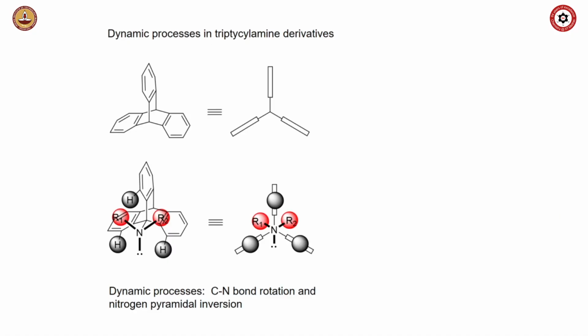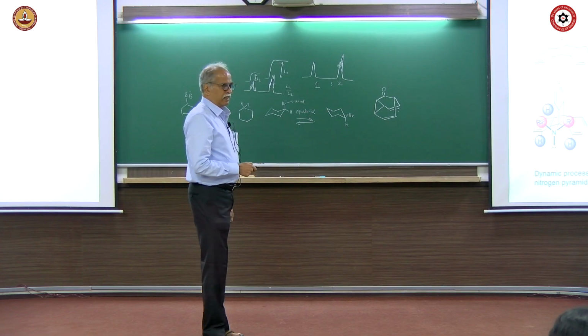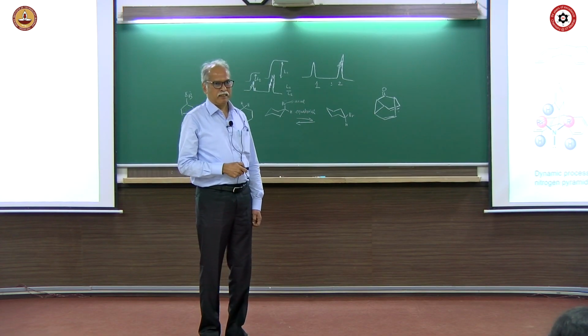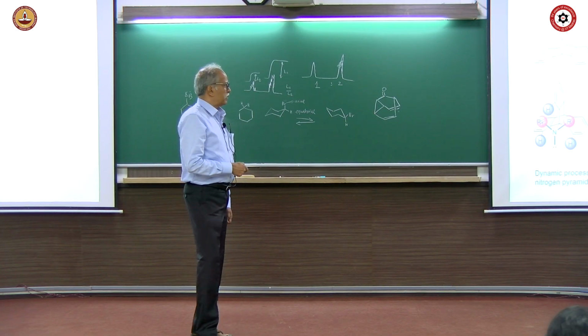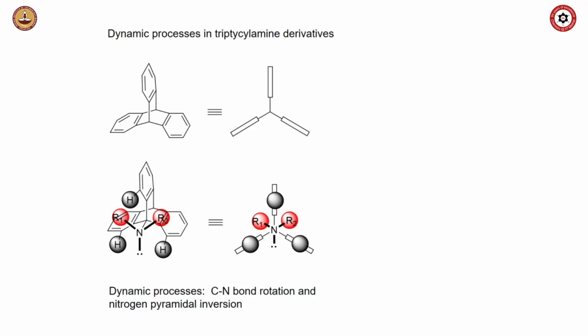Triptycene-like amine is an interesting molecule. This is a propeller-shaped molecule. Can you see the propeller? If I put an axis along the carbon-carbon bond, if I put a line across the carbon, which is a bridgehead carbon here, that is a C3 axis of rotation, and C3 axis of rotation gives the propeller shape for this molecule.